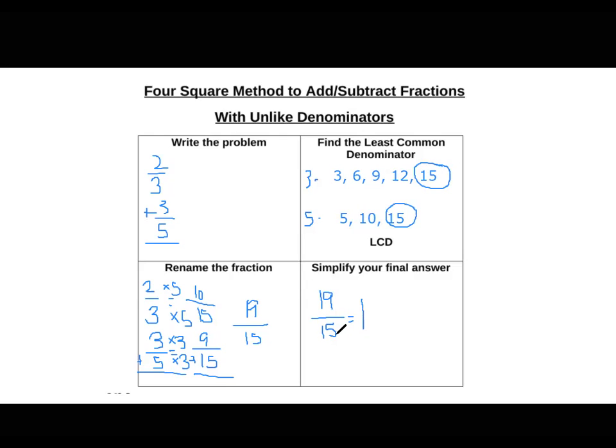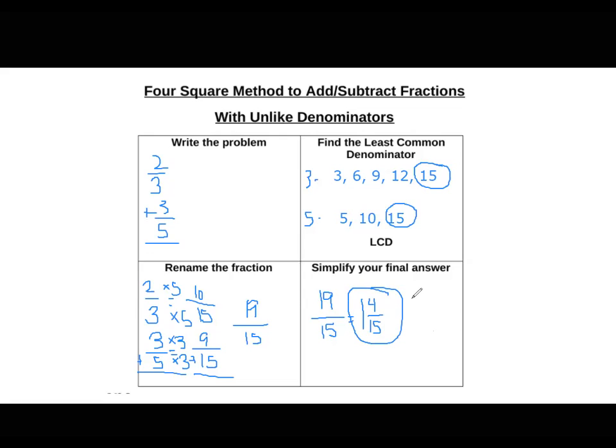If we remove that group of 15, we will have 4 left over. So 19/15 is the same as 1 4/15. That's as simplified as it can get, because there is not a common factor that we could divide 4 and 15 by to reduce it any smaller. So our final answer is 1 4/15.